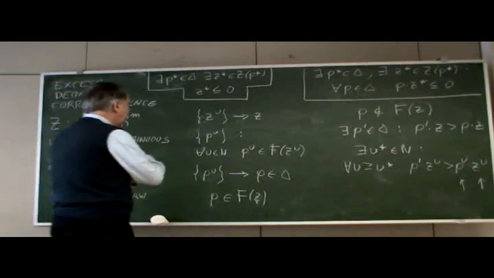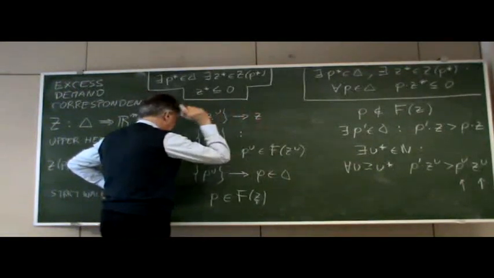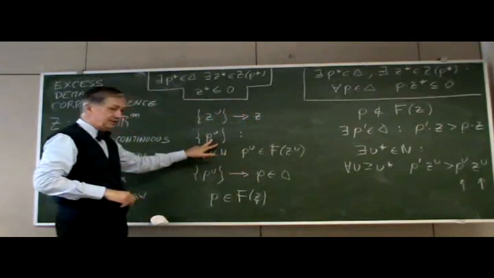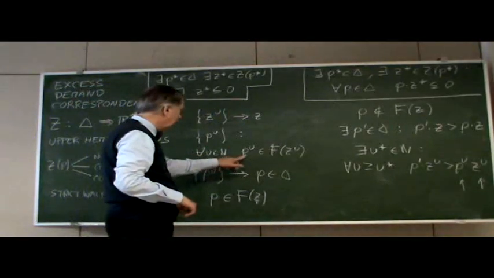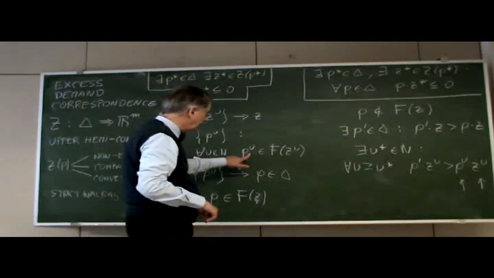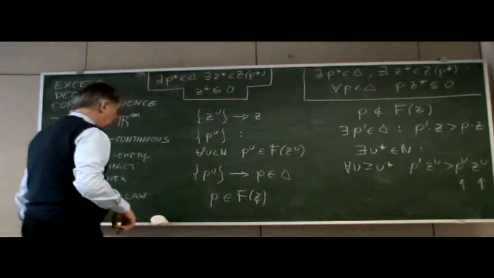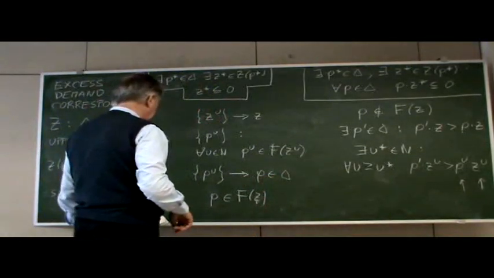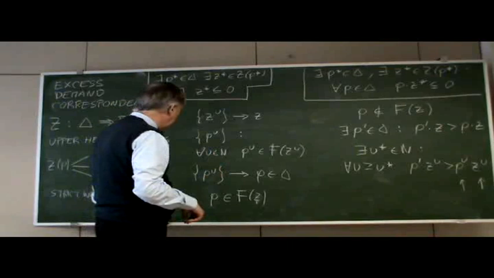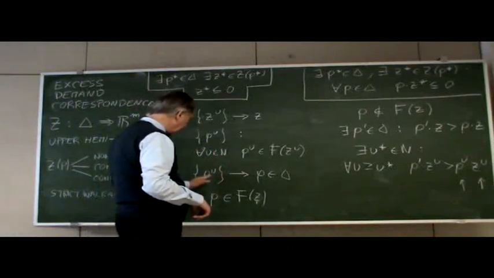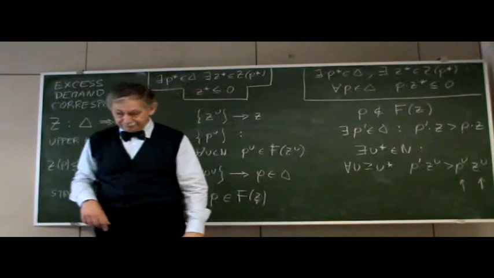So take any sequence z_n of excess demand vectors which converges to a certain z, and take another sequence p_n such that for every n in N, p_n is the price vector which maximizes the value of z_n. Without loss of generality, since delta is a compact set, we can suppose that the sequence p_n in turn converges to a certain price system p.